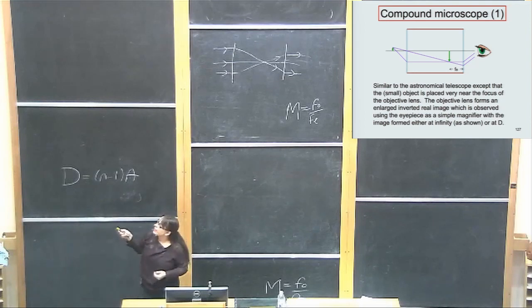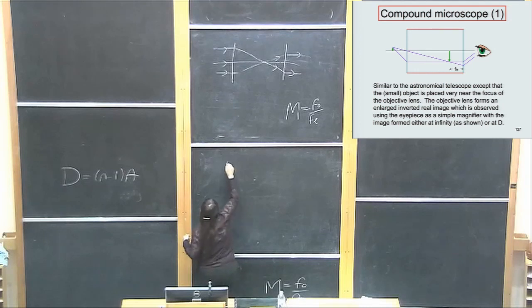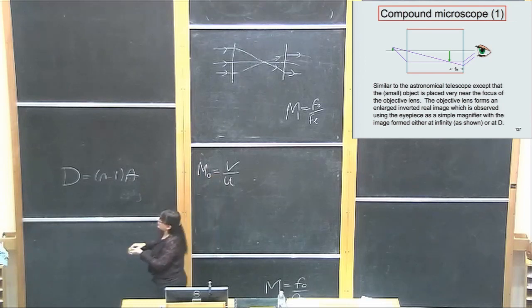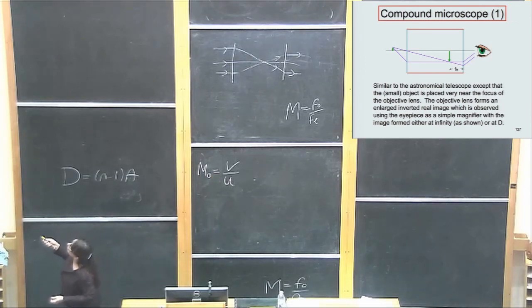Think of it that this lens is producing a real enlarged image, and we have one stage of magnification just from the objective. What should I call it, M_O or something. This is a kind of linear magnification, and if you remember, just look at the similar triangles here. If you can't remember that, hopefully you can just work it out from looking at this diagram.